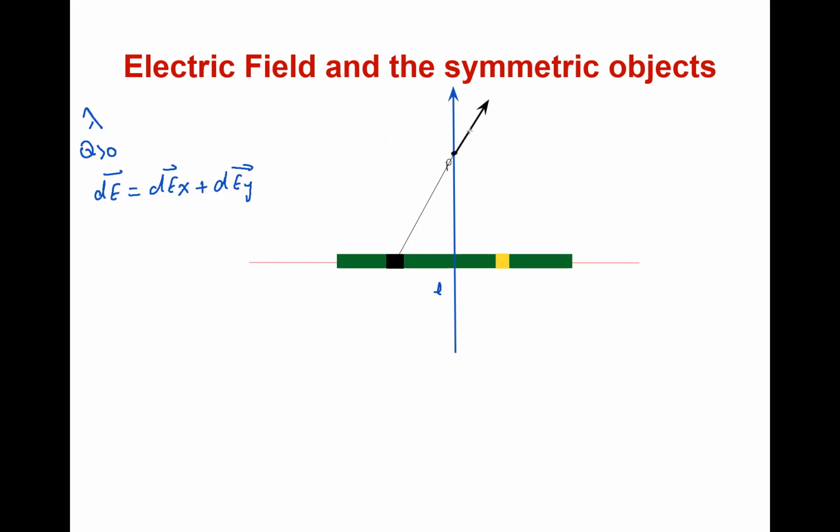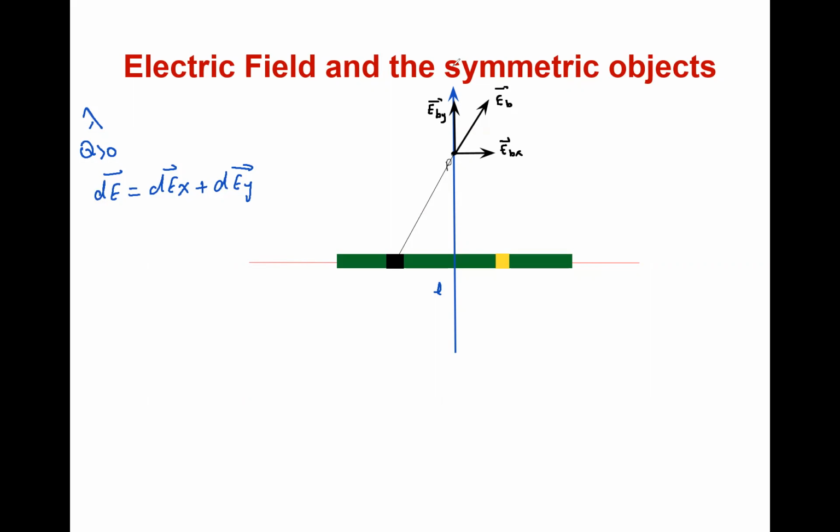This field E black has two components, EX and EY. We write the notation: E black has an E black X component and an E black Y component.